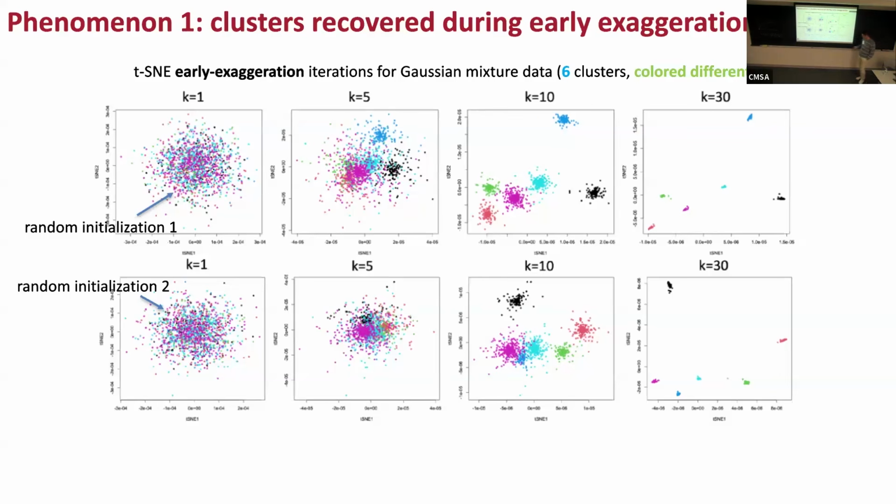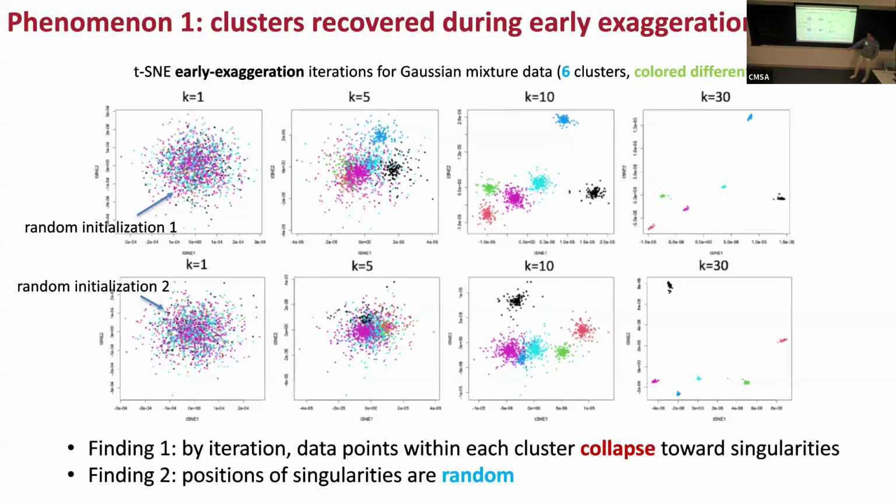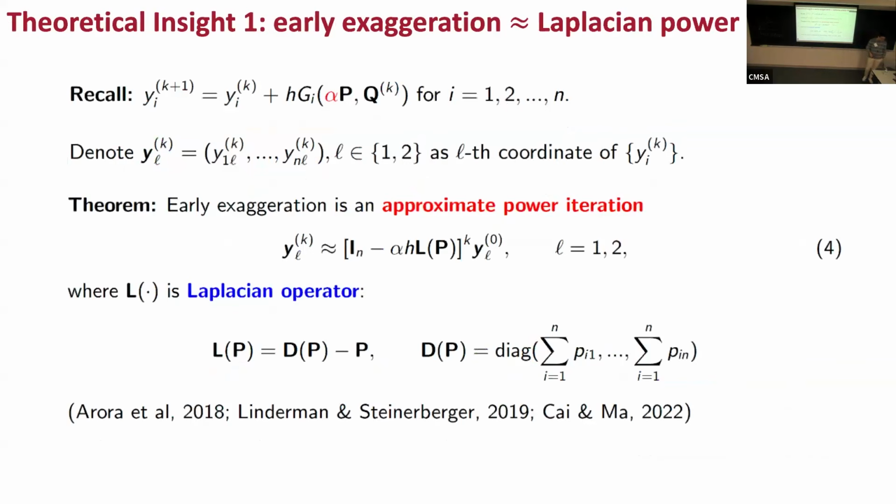So we want to figure out whether these two findings are some principled behavior of the algorithm, or whether it's just for this simple case. Okay, so first of all, the clusters have already been identified or created throughout the early exaggeration stage. And the locations of the cluster centers seem to be random.